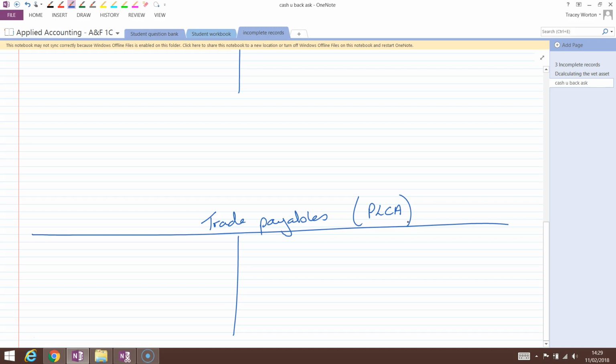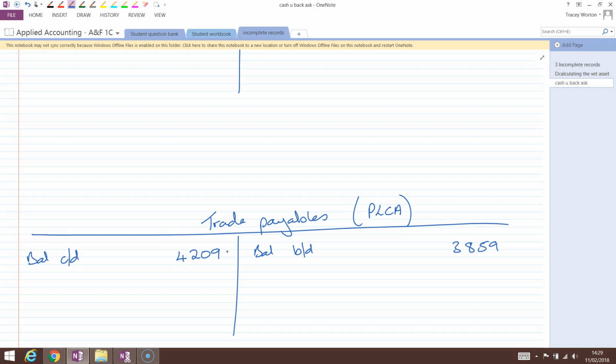So this is a liability, so the opening balance, the balance brought down from last time, would show 3,859 and a balance to carry down as the closing balance would show 4,209. So now we've got our opening balances and closing balances in the accounts, we can then start looking at the entries that need to be put in.